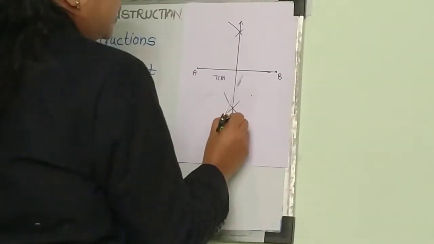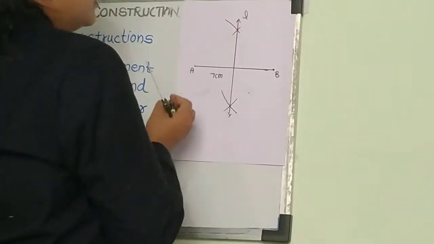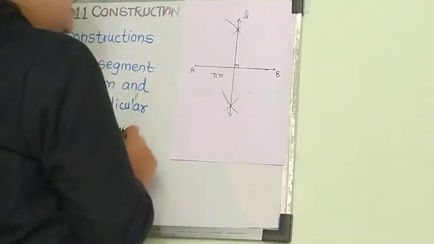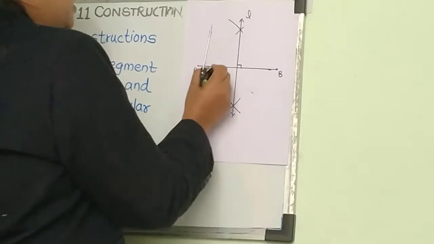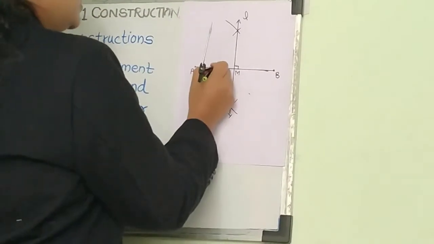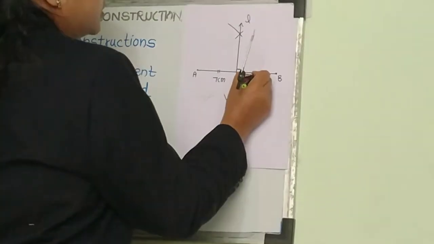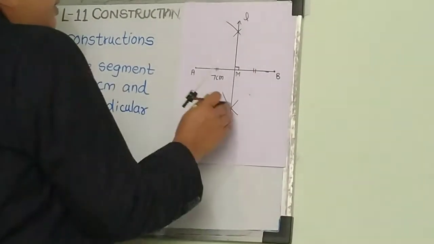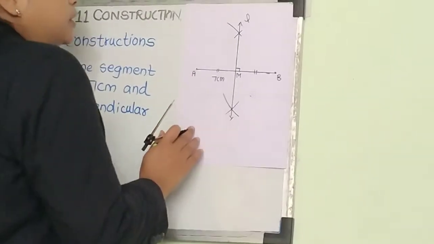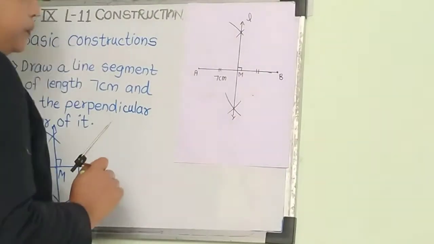So we can say that line L is perpendicular to the given line segment AB, and where they meet, suppose this is point M, we get AM equals MB. In this way we can draw the perpendicular bisector of a given line segment.